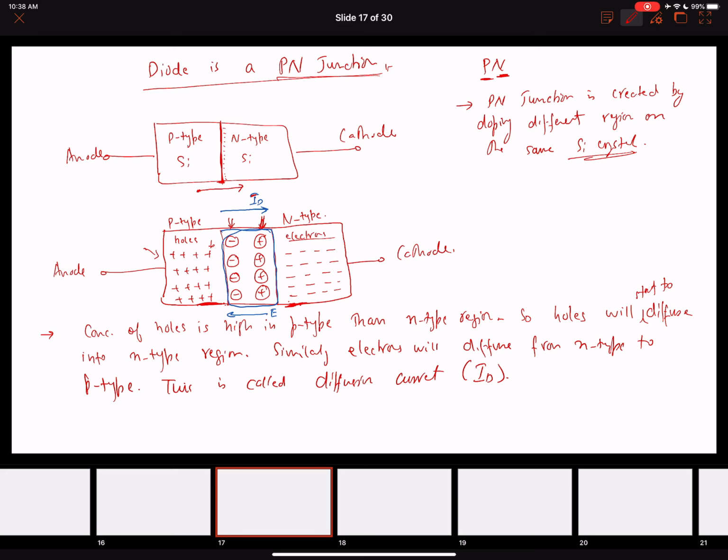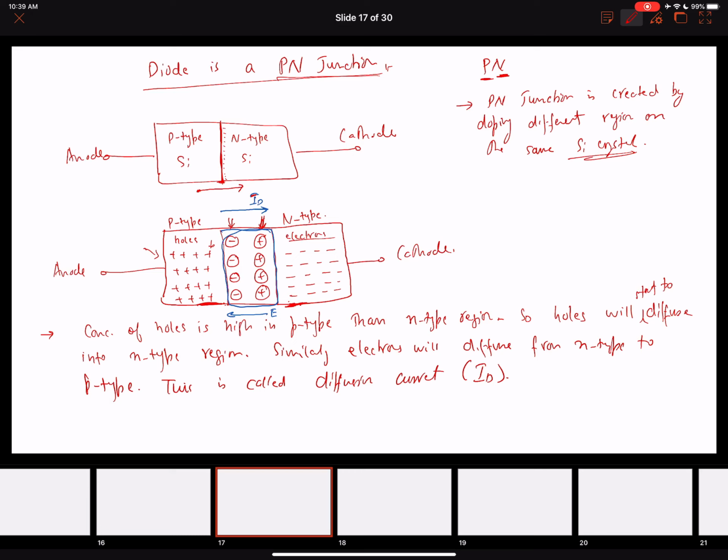a diffusion current will start to flow. Holes, which are in high concentration in the p-type material, will start to diffuse into the n-type, and electrons will start to move from n-type to p-type. Now as this diffusion current is happening, let's take one case first: what is happening in the p-type.